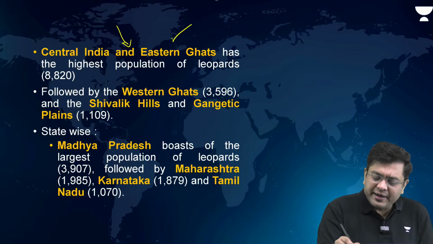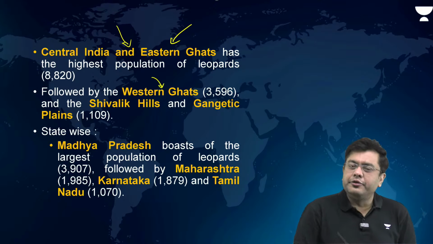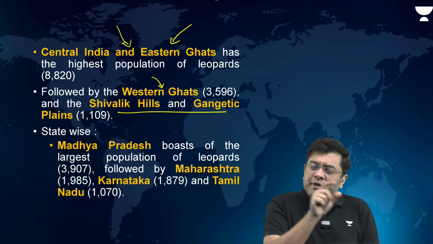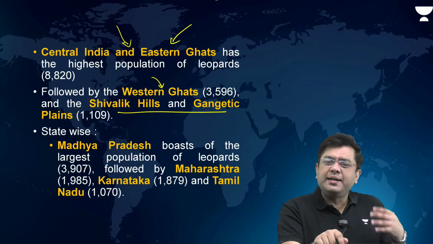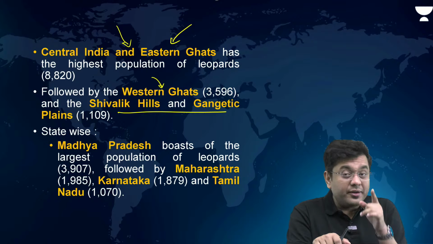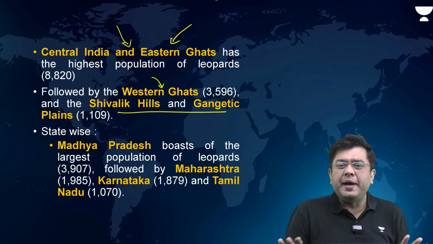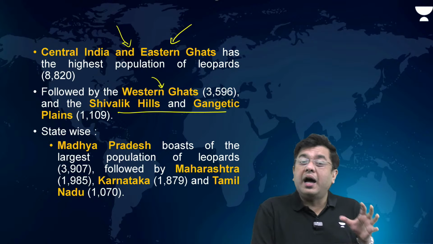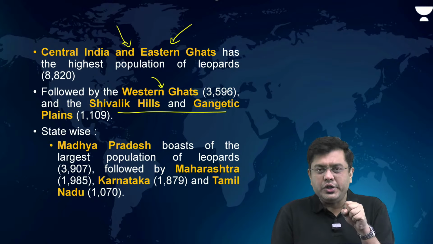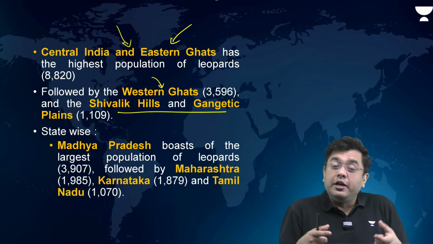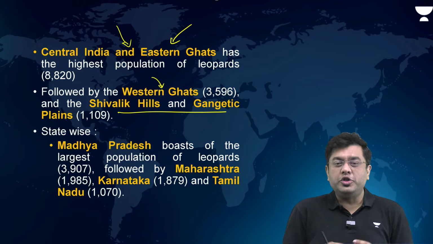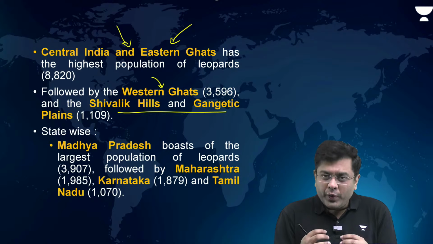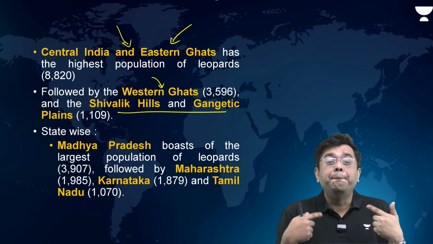So after Central and Eastern Ghats, it is followed by Western Ghats and the Shivalik Hills and the Gangetic Plains. You see, Project Tiger has got various different impacts across the country. That is something where again you have to be prepared for the multiple choice question. Because in Madhya Pradesh, which has the largest leopard population, the forest officials have said that due to stricter implementation of Project Tiger norms, they could conserve the entire natural landscape, due to which even the leopard population benefited.